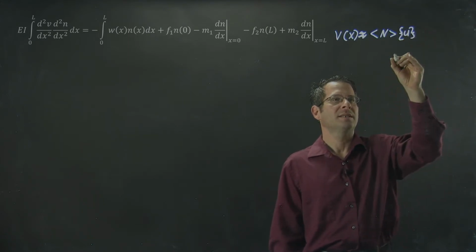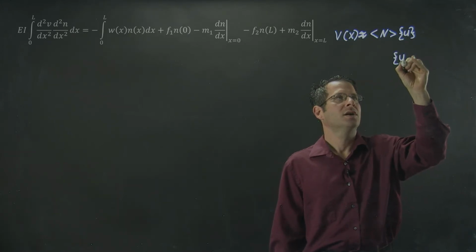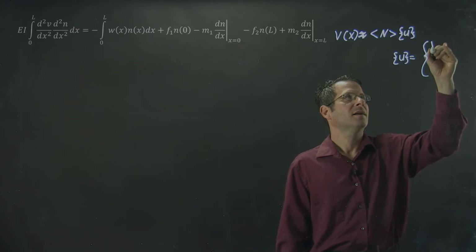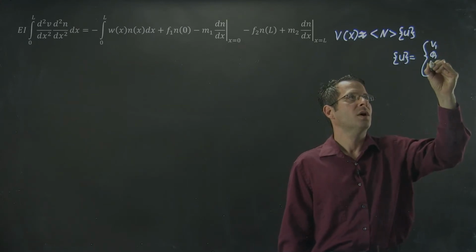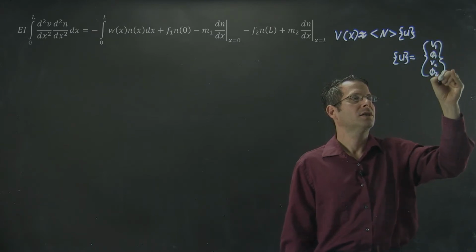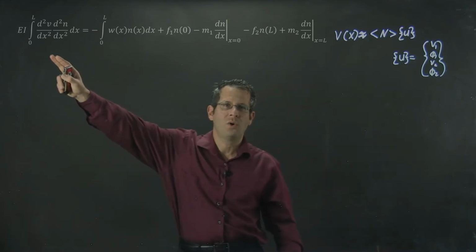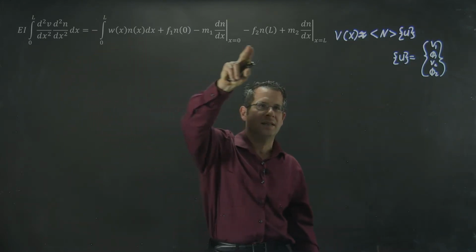Remember, our displacement vector, u, is just a shorthand way of writing v1, phi1, v2, phi2.